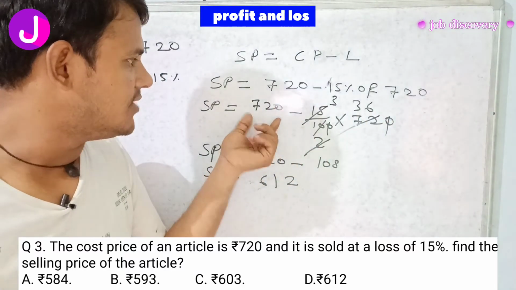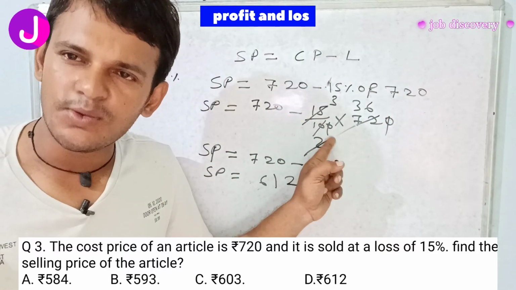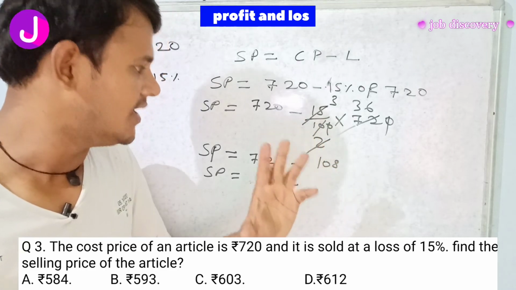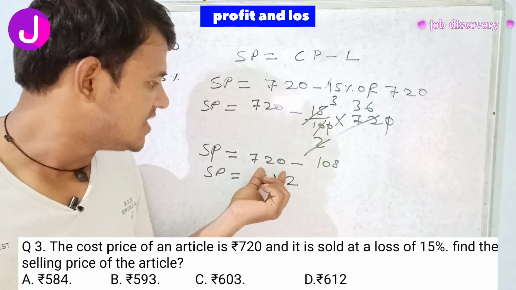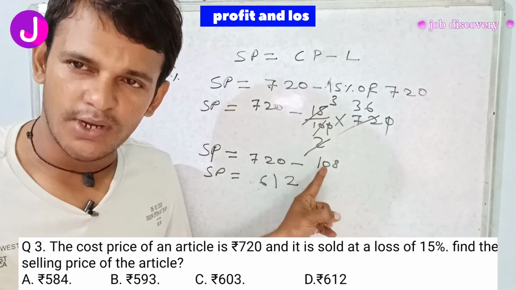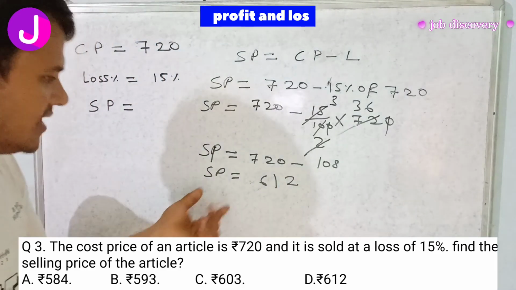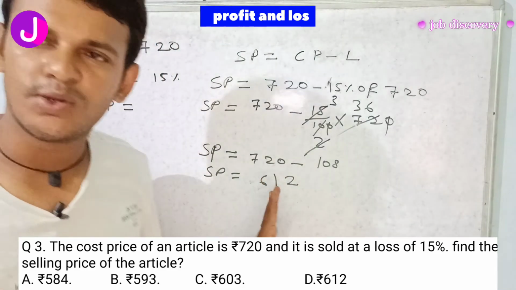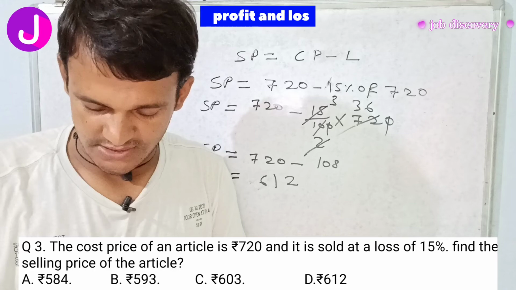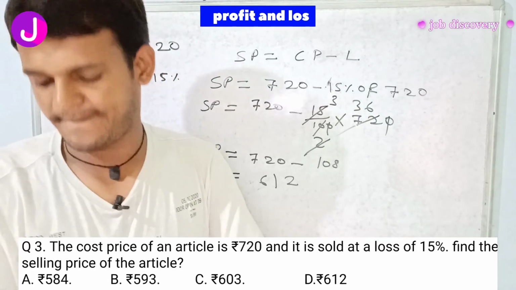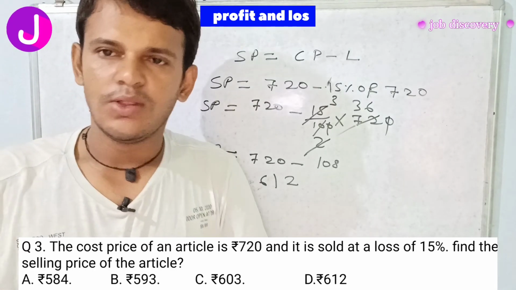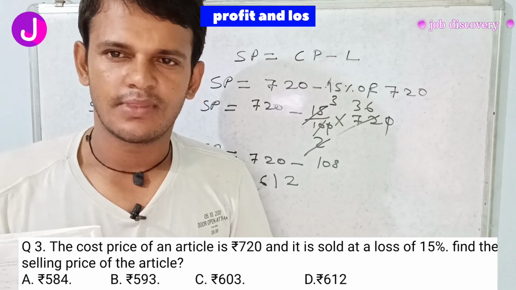So 720 minus 15 by 100 into 720. After calculating, we found 720 minus 108, so selling price is equal to 612, right? So which option is the correct answer? Option D is the correct answer.